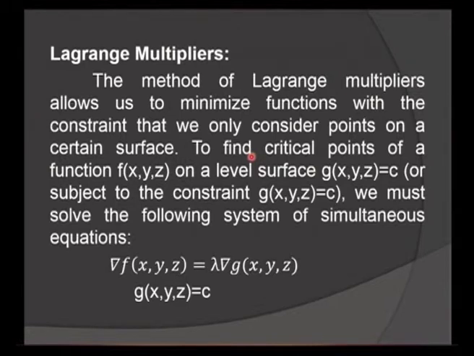So this Lagrange multiplier allows us to minimize functions with the constraints that we only consider points on a certain surface. We know different surfaces are there in analytical geometry like spherical surface, cylindrical surface, curved surface. Any surface is represented by a function.